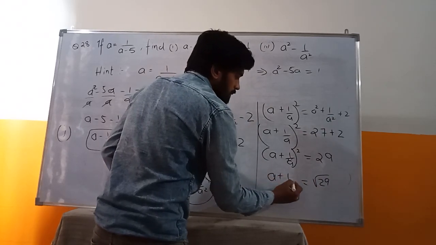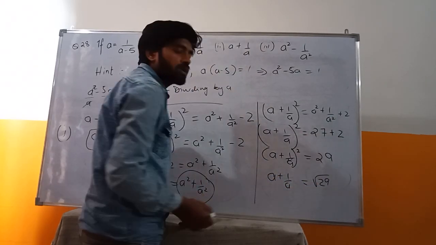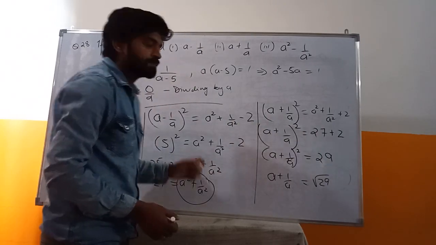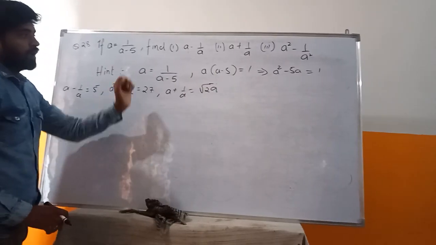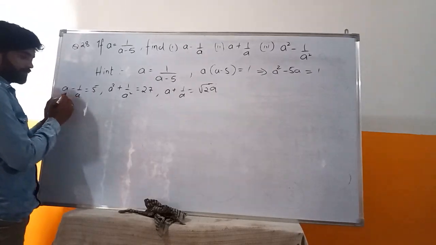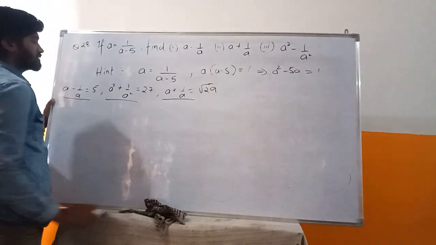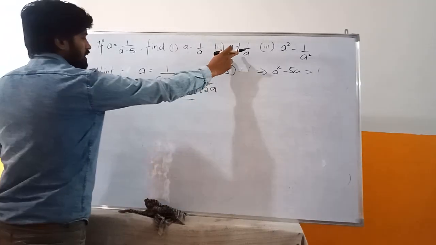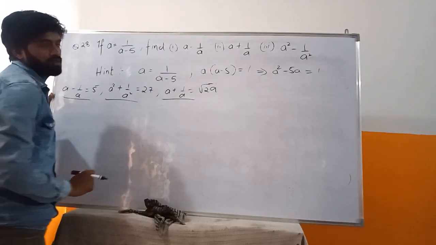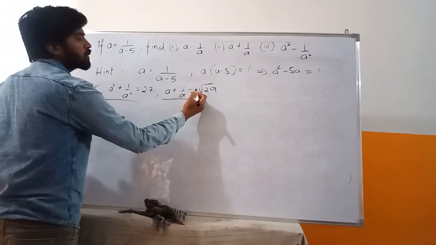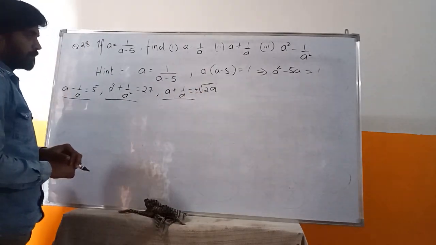So a plus 1 upon a, what is my answer? Root 29 is my answer. Okay, so we were able to find the value of this, this and this. I got the answer for this, that is 5. I also got the answer for this, that is root 29. And I can put plus root 29 or minus root 29, both are the same.